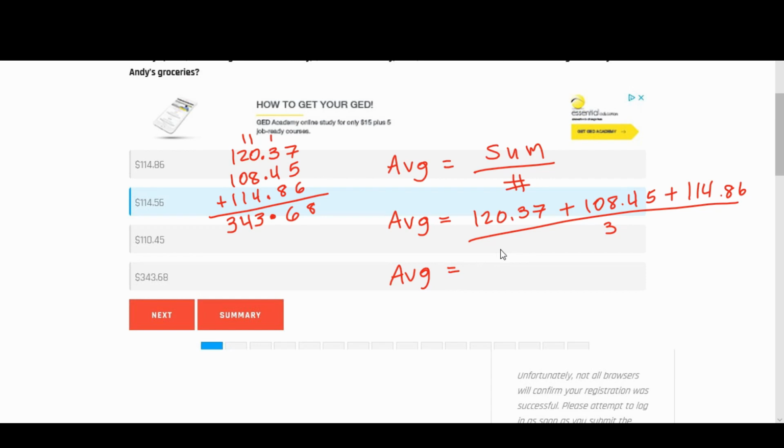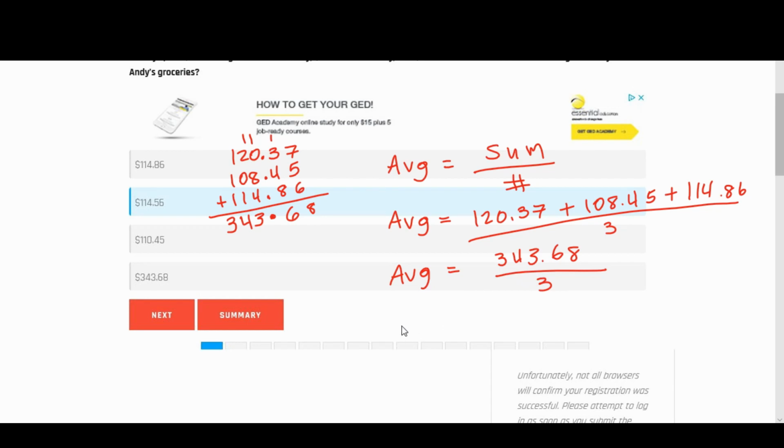So we can see we're going to have 343.68 divided by 3. Again, you could regard this as a fraction, namely 343.68 over 3, or as I just said, you can regard this as long division. Since we have to work this out to find the average, we do have to use long division.